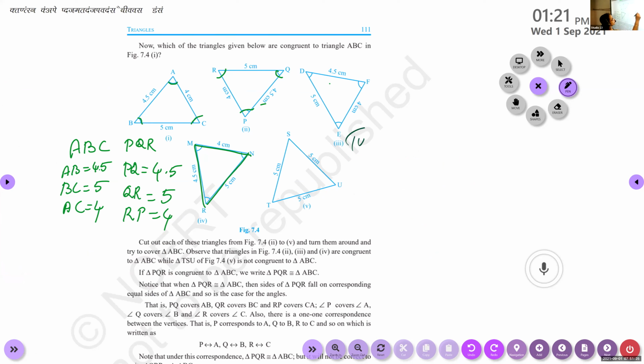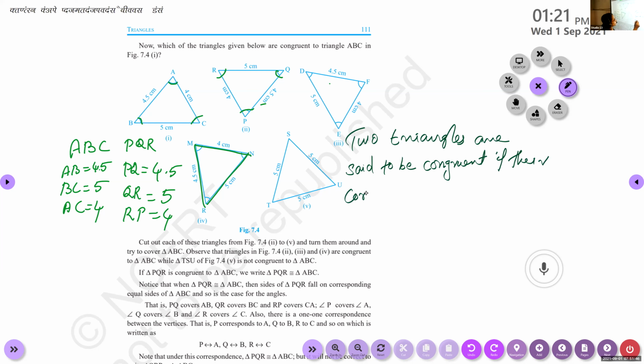Two triangles are said to be congruent if their corresponding sides and angles are equal.